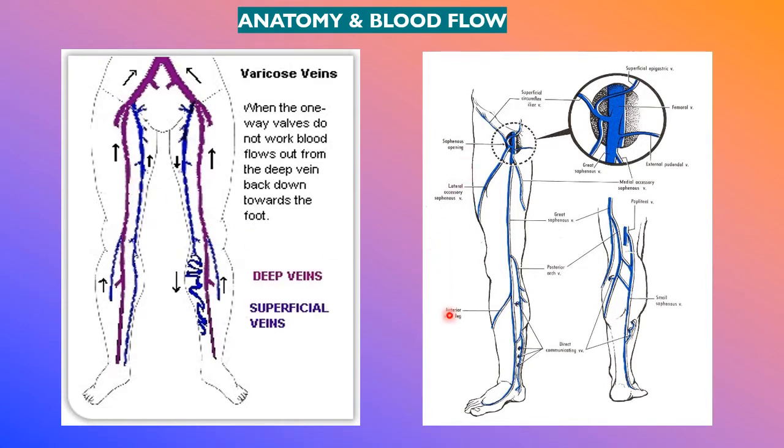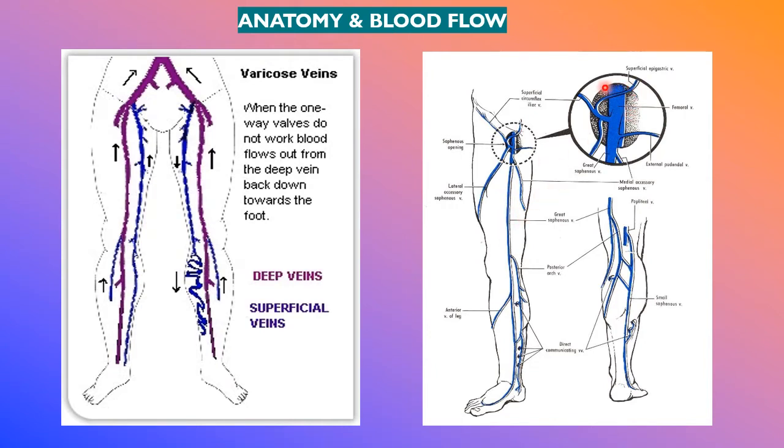This diagram here shows you the superficial system, which consists of a long saphenous vein and a short saphenous vein. These two superficial systems have perforators connecting the superficial veins to the deep veins in the lower end of the leg, below the knee and in the middle, lower part of the thigh.